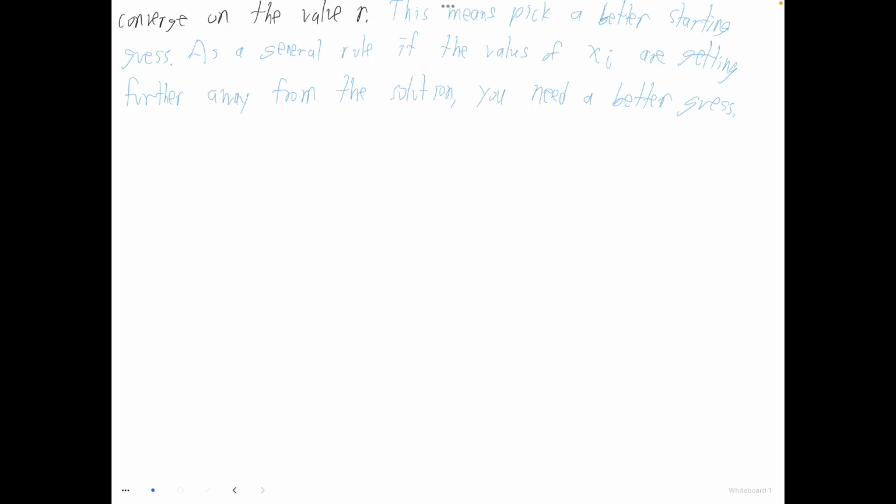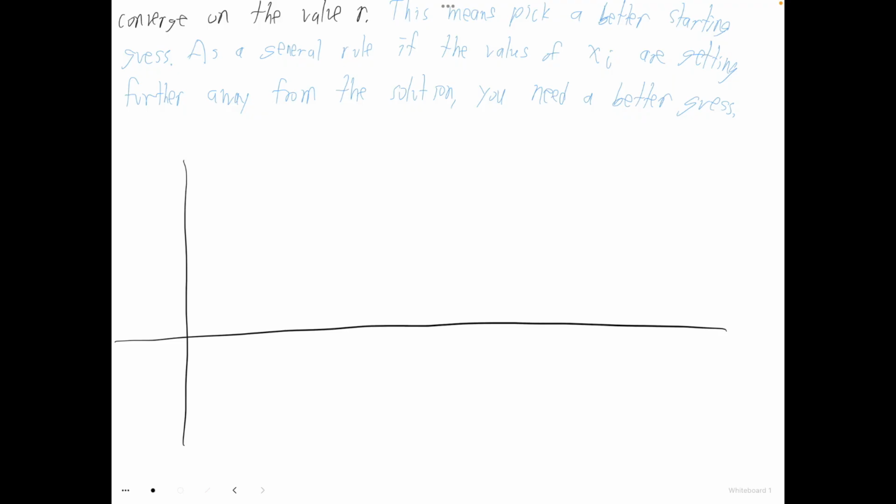Now, graphically, what is happening here is the following. We could have a graph that looks something like this. Let's say that our x sub 1 value that we pick is right here. And so this is x sub 1, and our tangent line up here is right there.